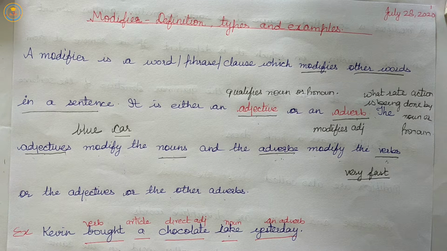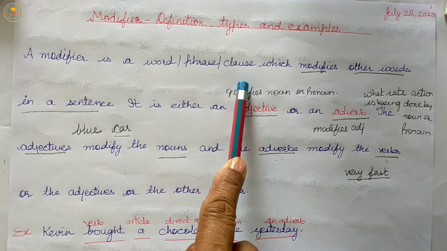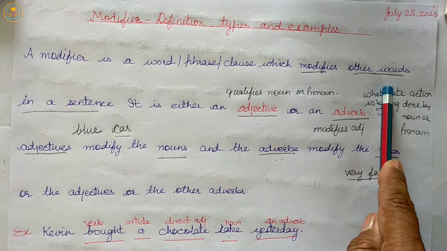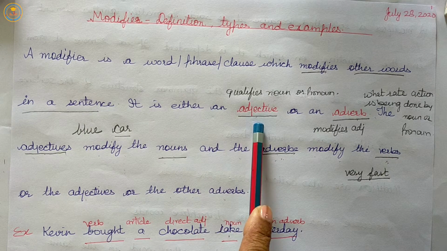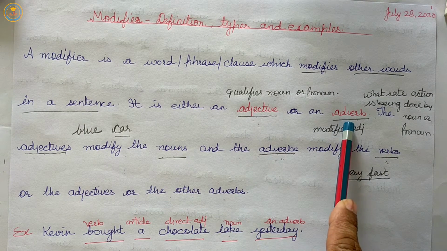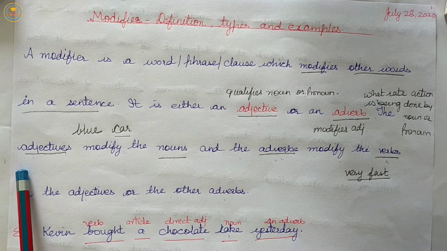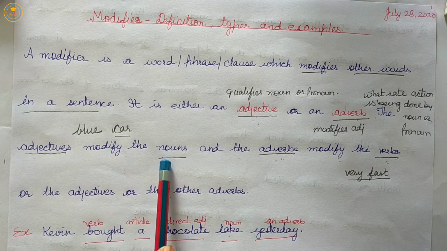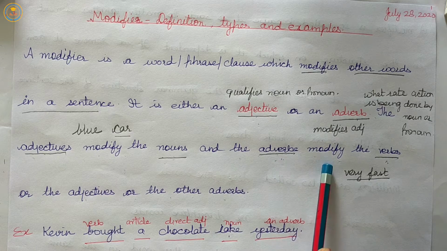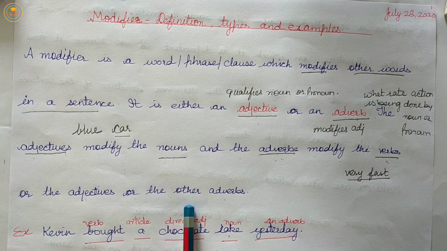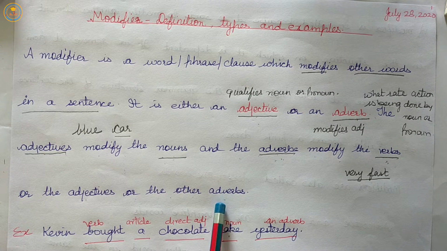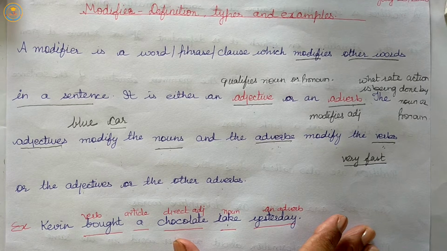So, a modifier is a word, a phrase or clause which modifies other words in a sentence. It is either an adjective or an adverb. The adjectives modify the nouns and the adverbs modify the verbs or the adjectives or the other adverbs. Let us clear it with an example.